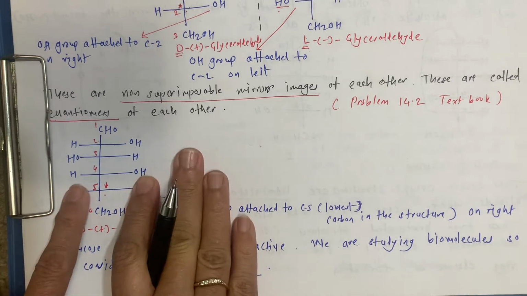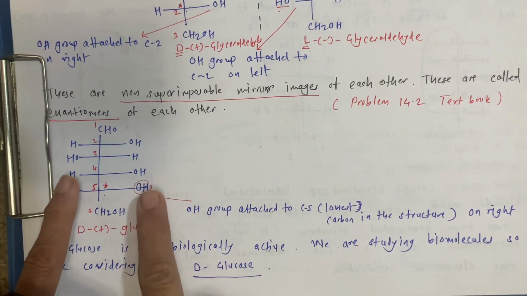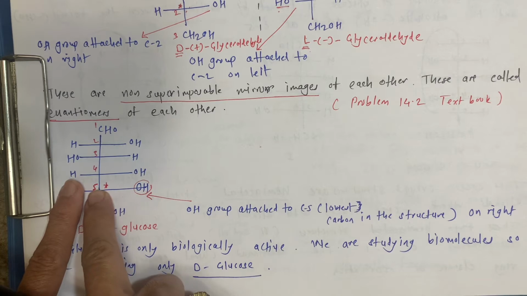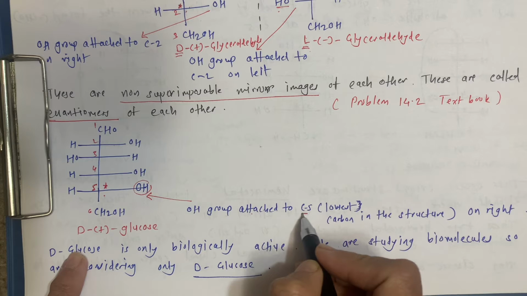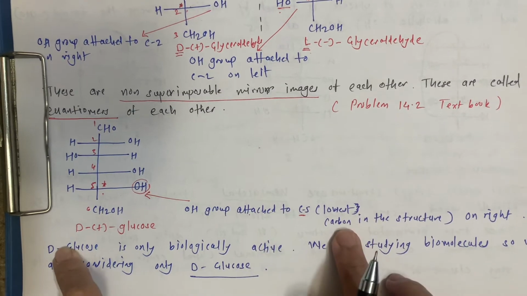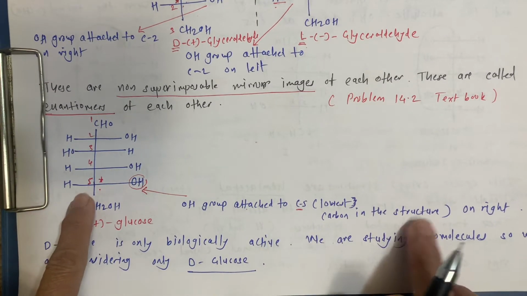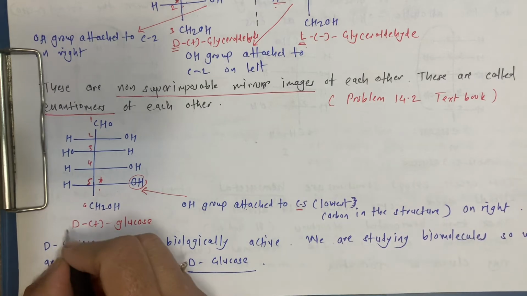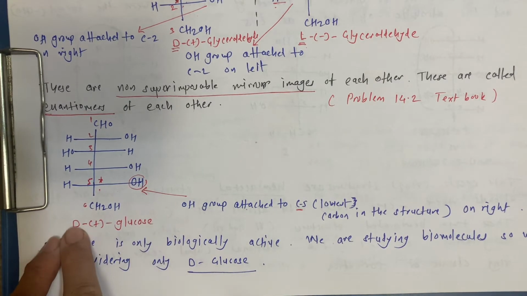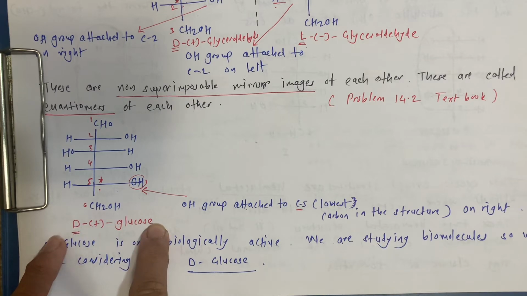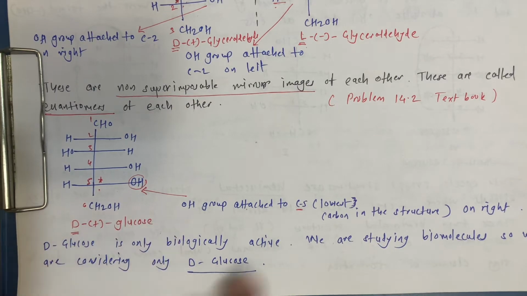So as this OH group is attached to C5, which is the lowest carbon in the structure, on the right, that's why we are saying this is D-glucose. This is dextroglucose.